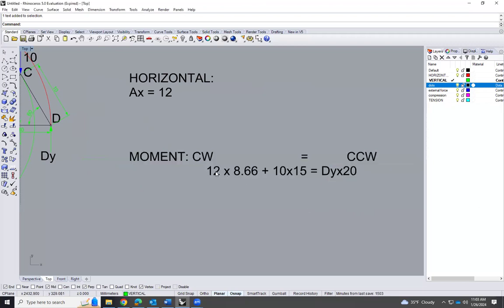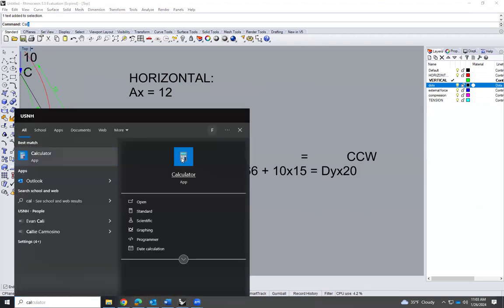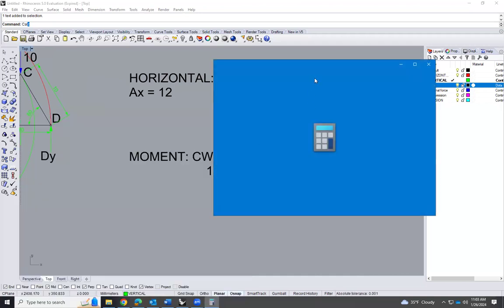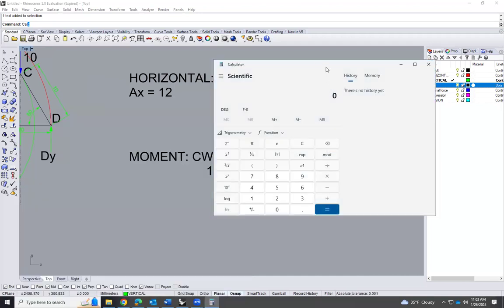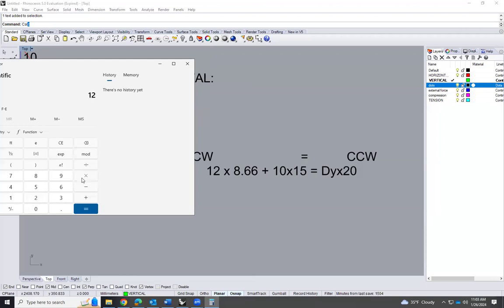So dy will be 12 plus this, the calculator, 12 times 8.66 equals this plus 10 times 15, 150.